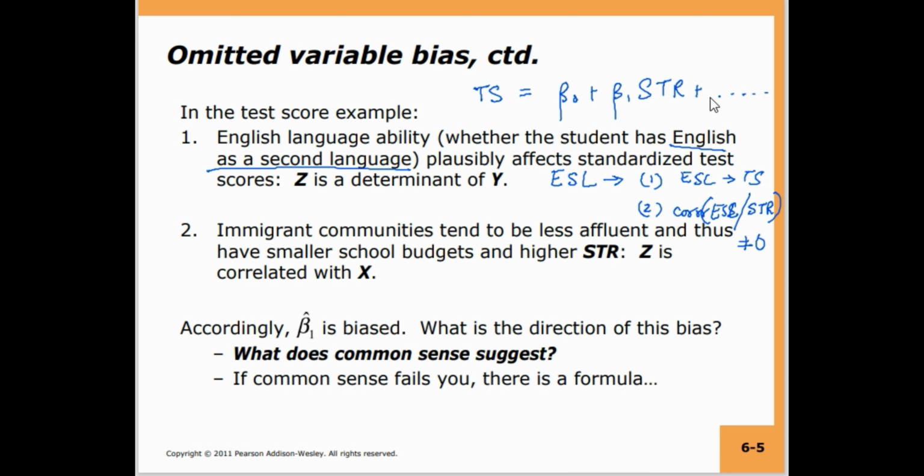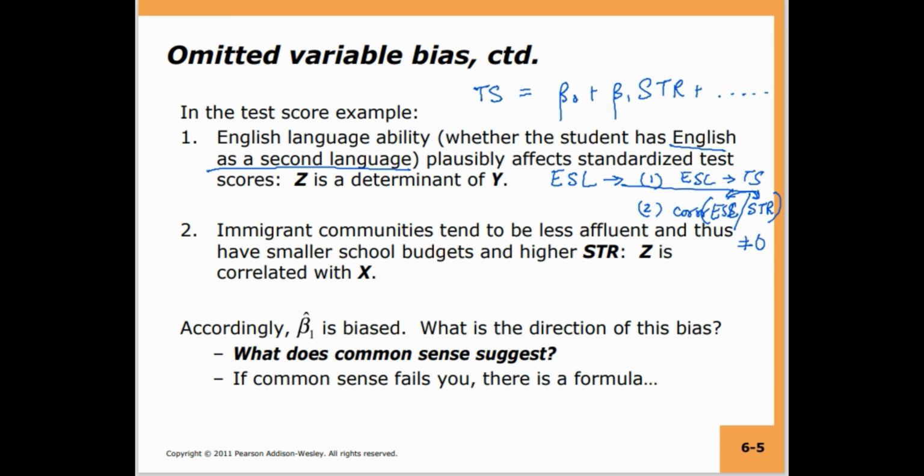That is, could it be that English as a second language and student-teacher ratio are somehow correlated? So, as we can see, English language ability affects standardized test scores. Someone who is not very good in English, who has English as a second language, their test scores might be lower. So, the first condition is met.